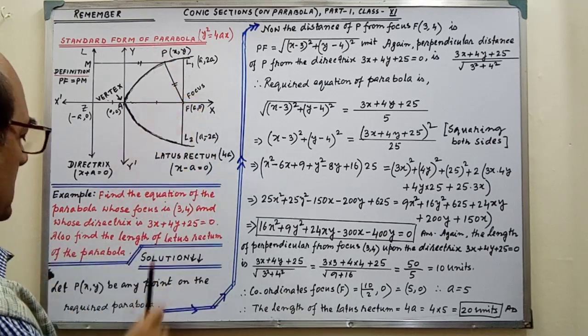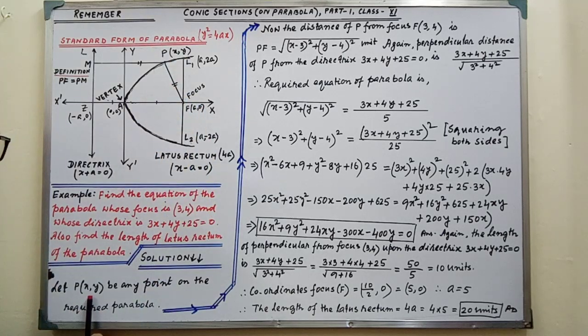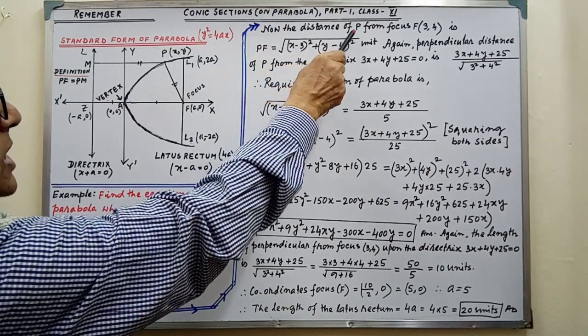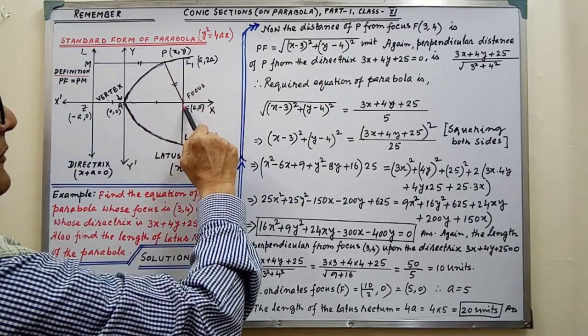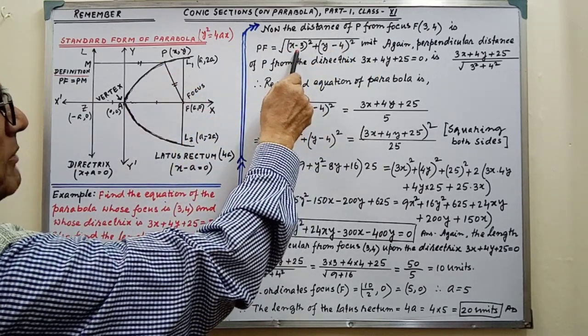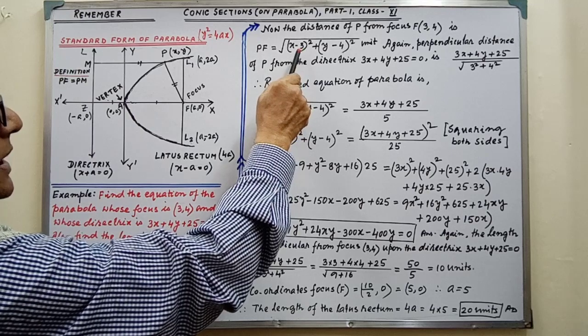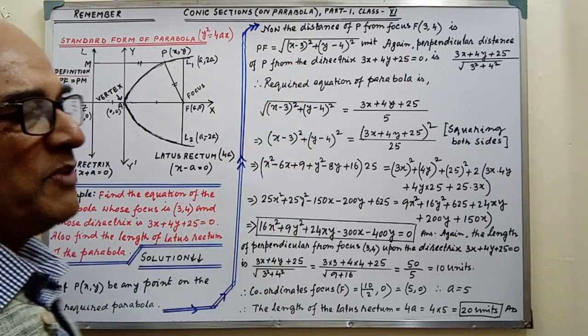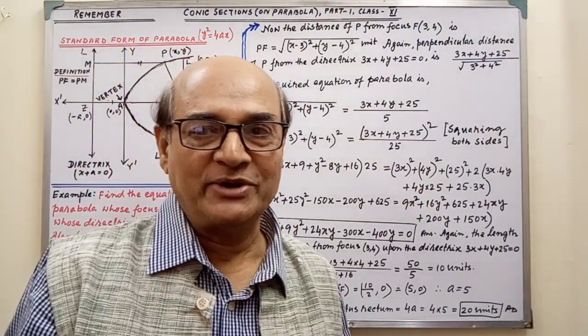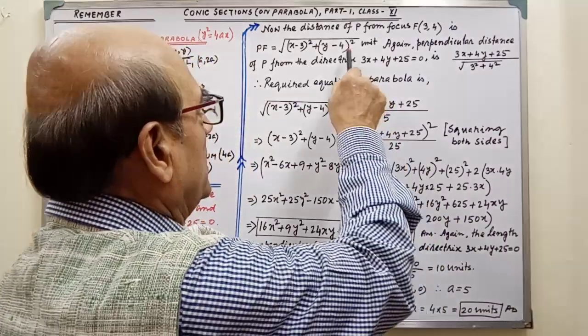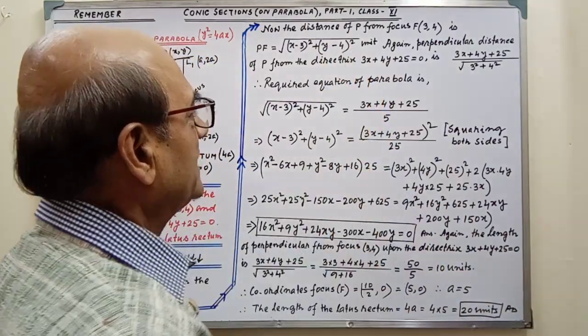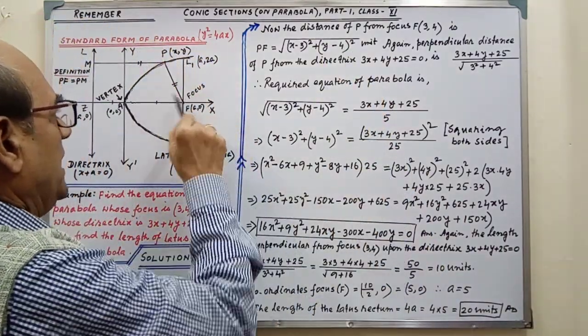Let P xy be any point on the required parabola, and now the distance of P from the focus 3, 4, by applying the distance formula, root over x2 minus x1 whole square plus y2 minus y1 whole square, we get PF.